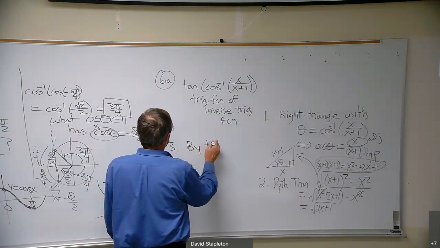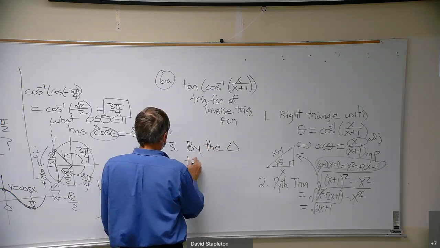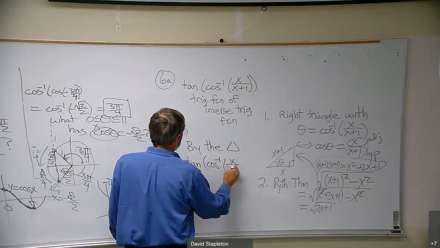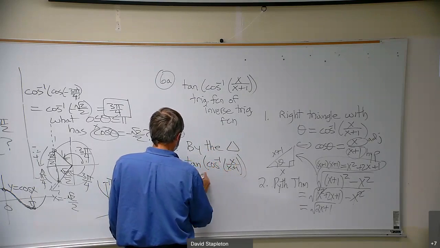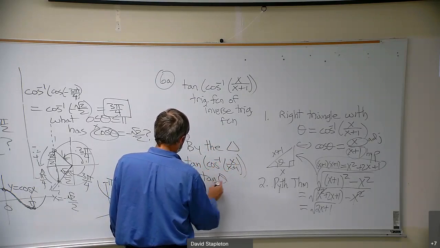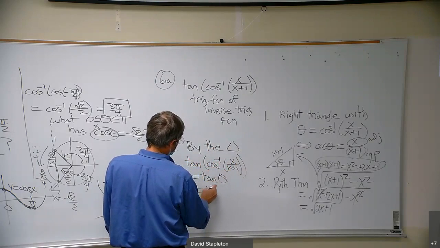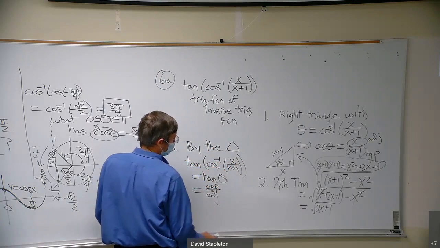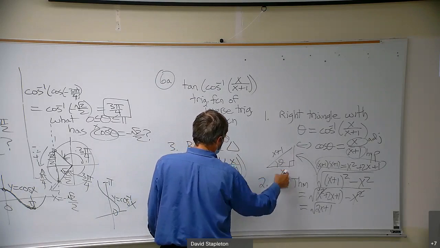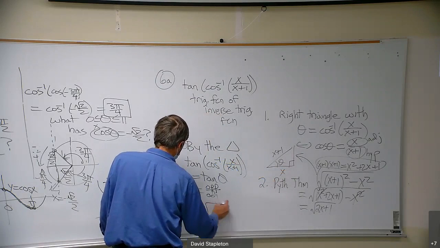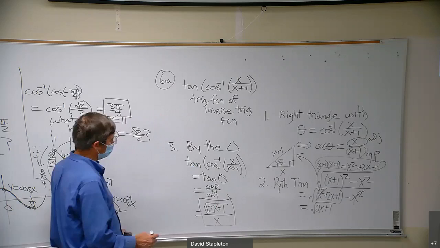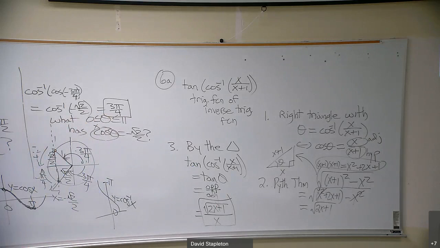So by the triangle, we'll say that the tangent of the arc cosine of x over x plus 1 is the tangent of theta. That's how I picked theta. The tangent is the opposite over the adjacent in the triangle, so it's got to be square root of 2x plus 1 over x. And amazingly, a trig function of an inverse trig function always comes out to be an algebraic expression. You can evaluate it exactly.